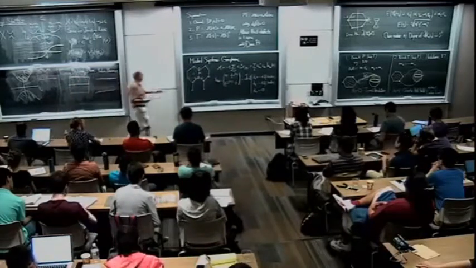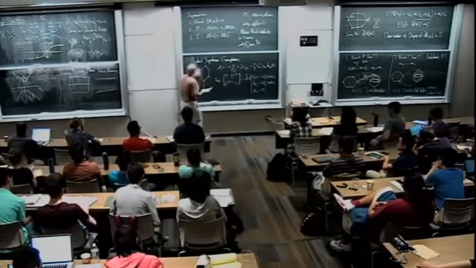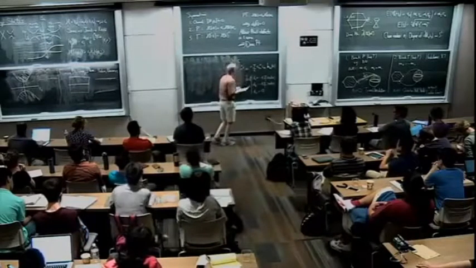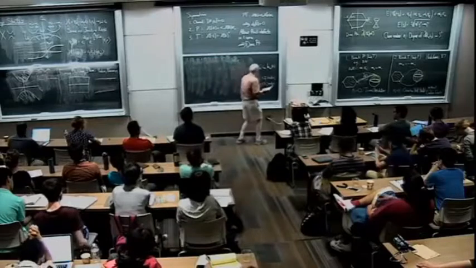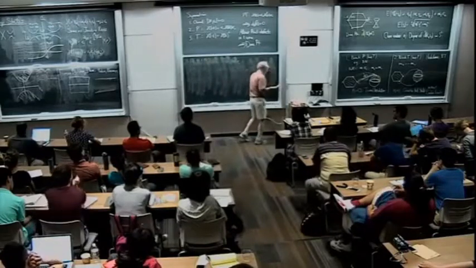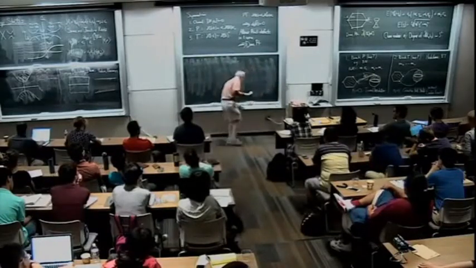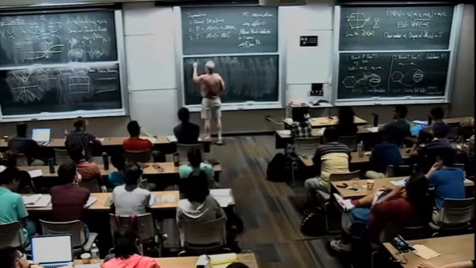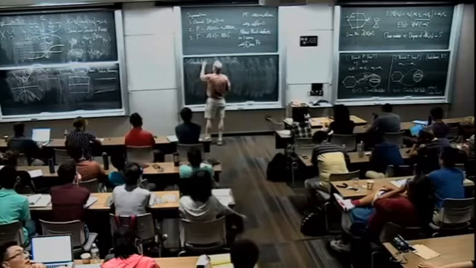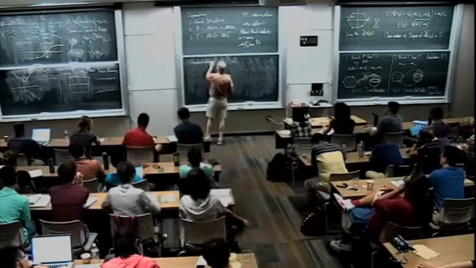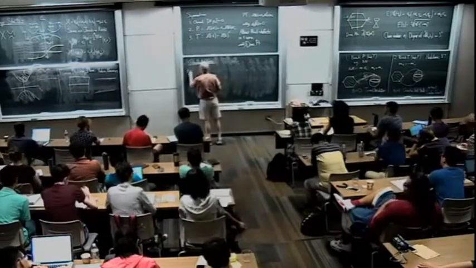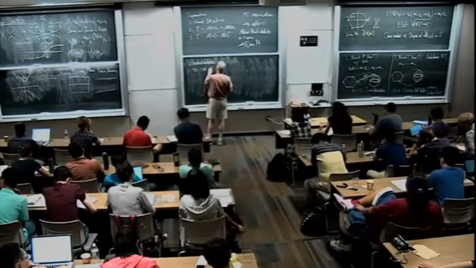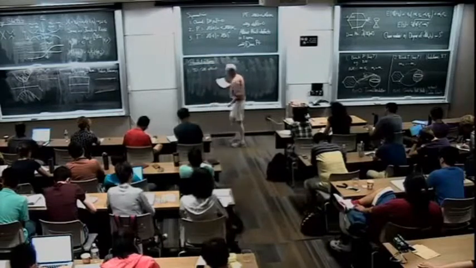The simplest generalization: the quantum Hall effect exists in 2 dimensions, a 2-dimensional electron gas. Could there be anything in 3 dimensions? Okay? And in fact, you can.